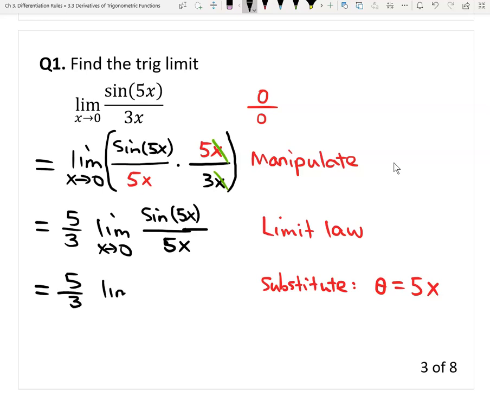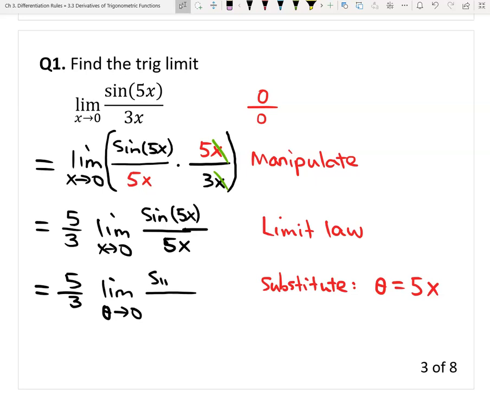When x approaches 0, everyone look at this, 5x, which means theta, also approaches 0, right? So I change x approaches 0 to theta approaches 0. They are the same. What is our formula?